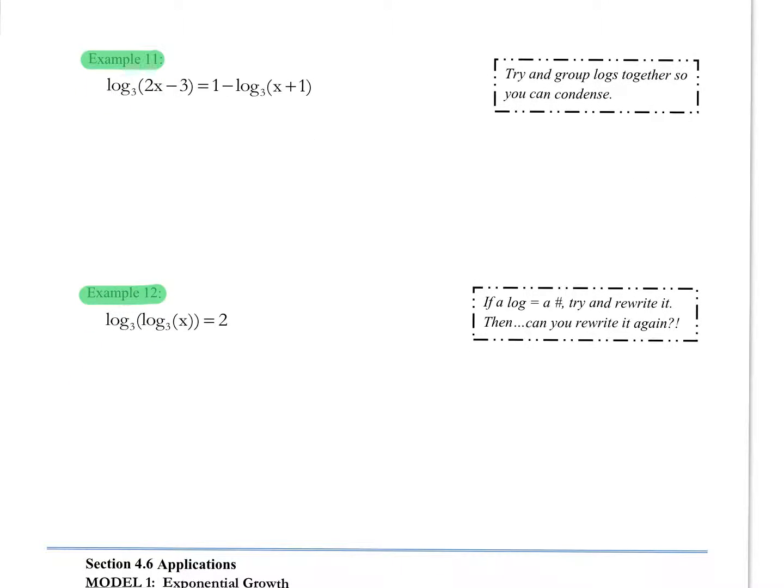Example 11 and 12 both look a little bit different. So the goal for number 11 is that you notice I have a log on this side, I have a log on this side, and I have this random whole number. So the goal for this is to get the logs together on one side so that we can condense them. So what that means is I'm going to move this entire log term over to this side to join the other log.